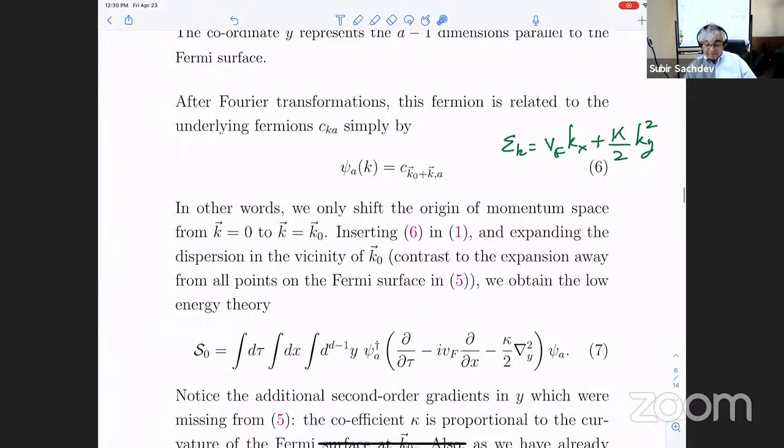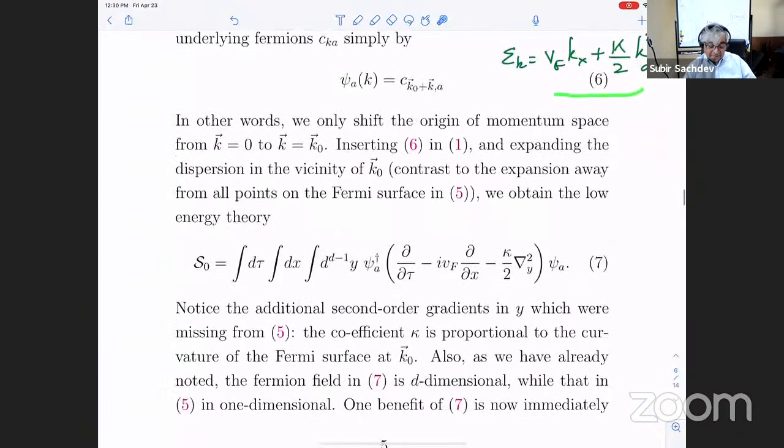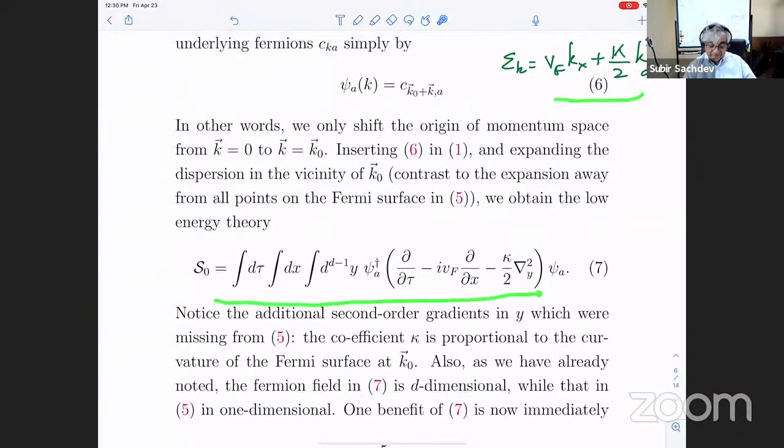Okay, so having done that, then I can write down my low energy theory. So now this is a theory not of an infinite number of 1D chiral fermions. It's in fact a theory of just one fermion with, okay, I give it some spin label a, living in d dimensions.